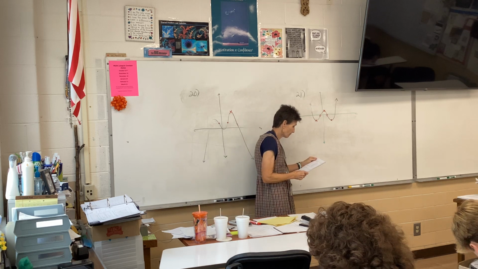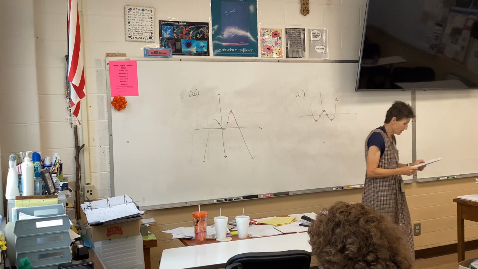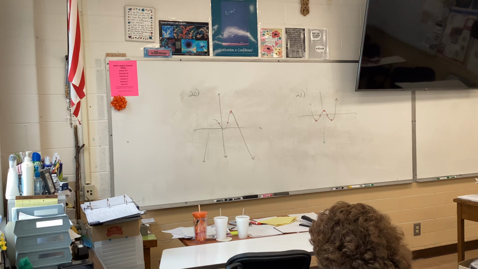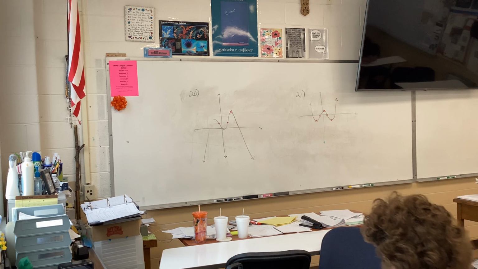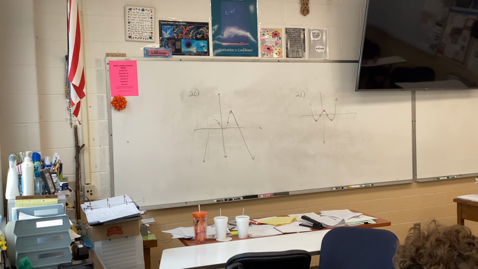Can we do 22? All right, so let's look at number 24. Maybe we'll do all that. For graph h of x, number 24 says, find the intervals where the rate of change is positive and decreasing.